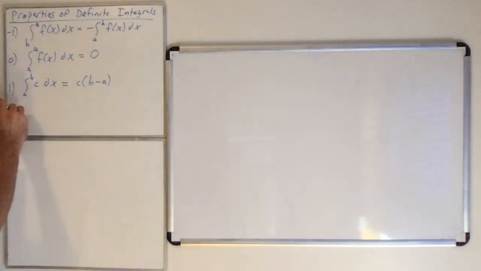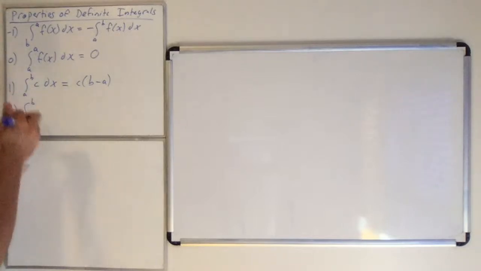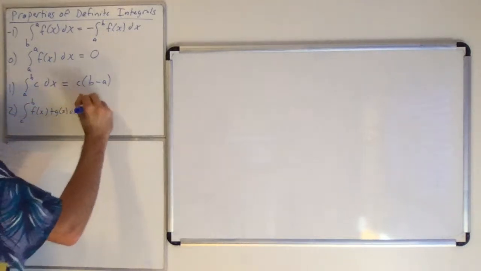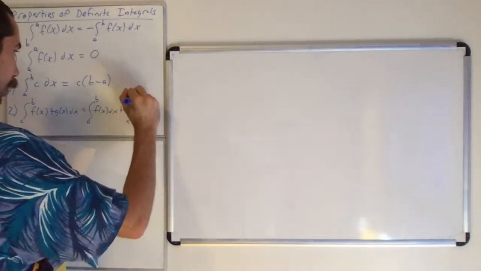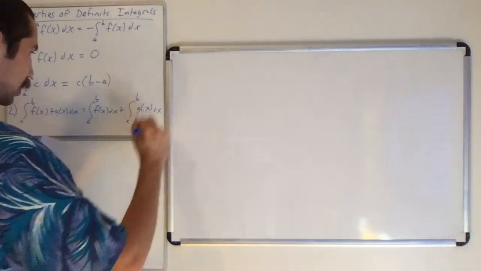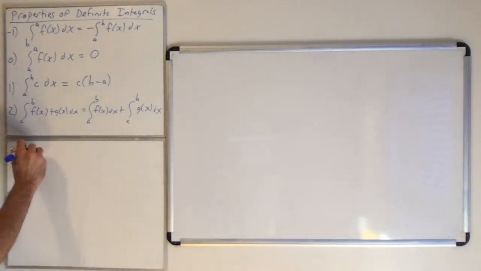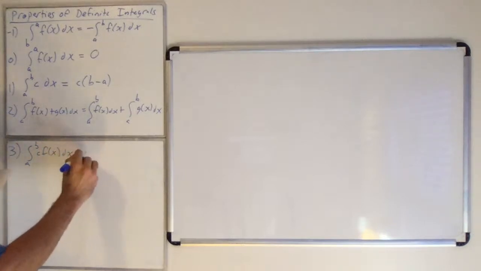All right, property 2, the integral of a to b of f of x plus g of x dx is equal to the integral of a to b of f of x dx plus the integral of a to b of g of x dx. So we can break apart integrals by addition. Similarly, we could factor out a scalar.